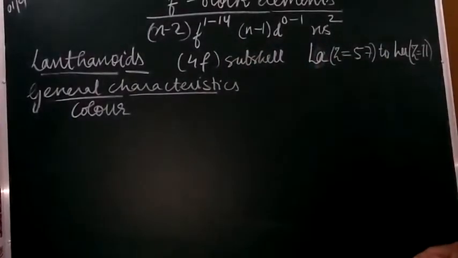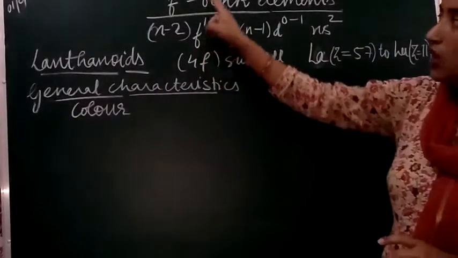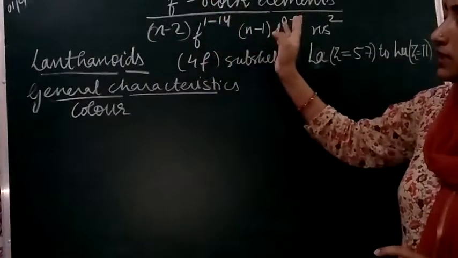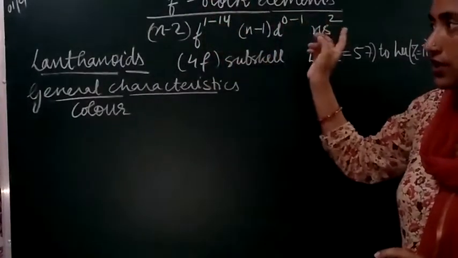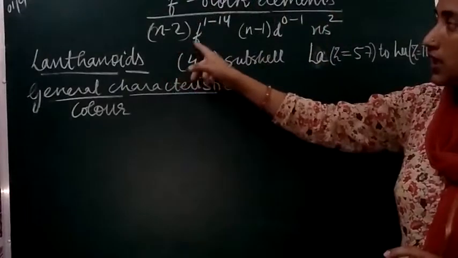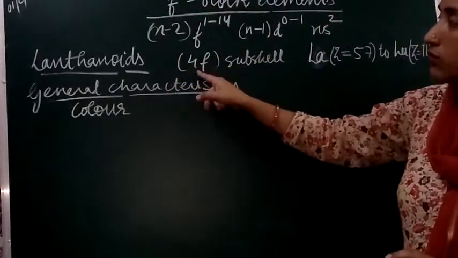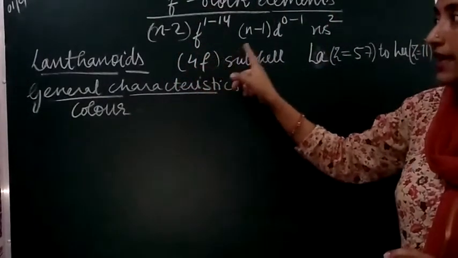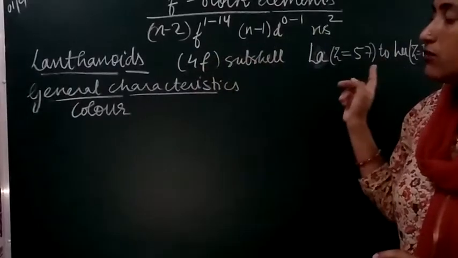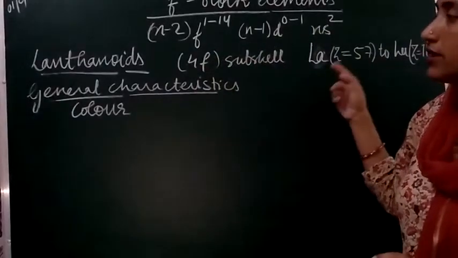So we have got two groups in the F block, the lanthanoids and the actinoids. In the lanthanoids there will be gradual filling of the 4f subshell, and the other is the actinoids, where there will be gradual filling of the 5f subshell, which we will discuss later.